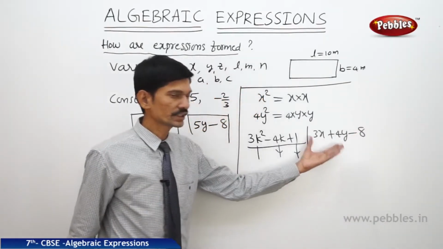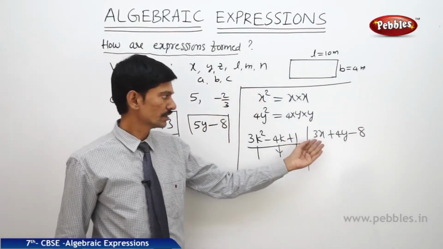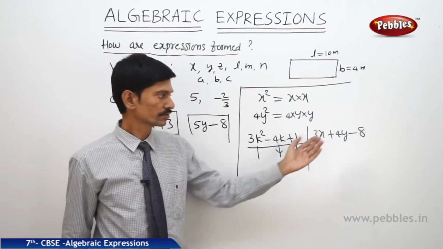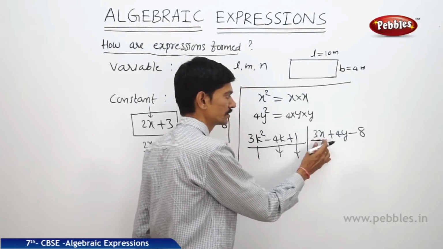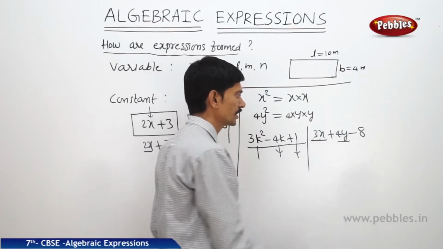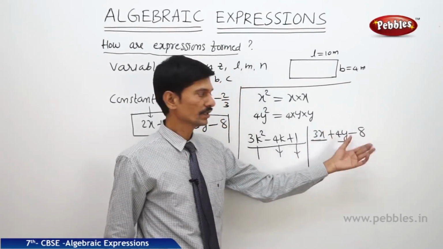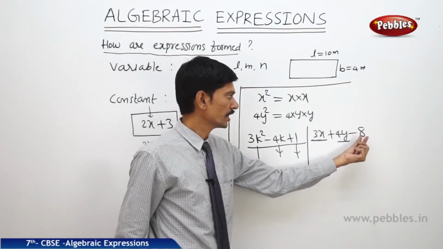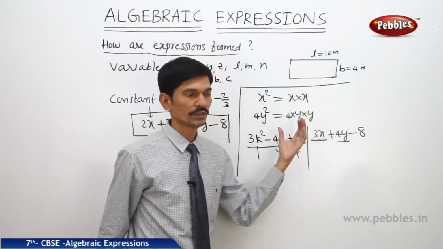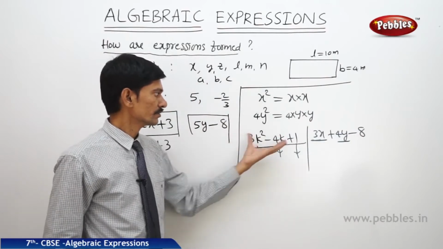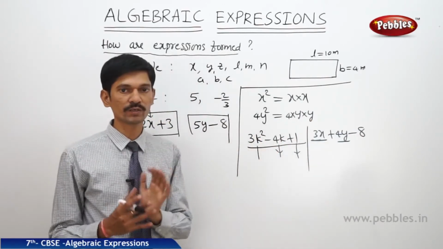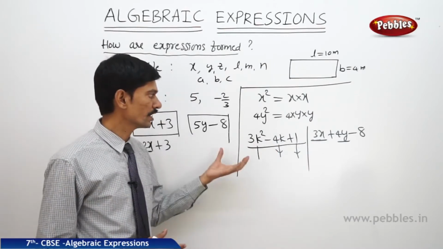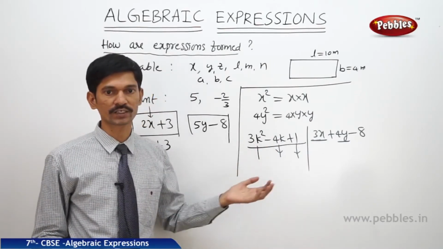In this expression there are two variables, x and y. The first term is obtained by multiplying 3 by x, the second term is obtained by multiplying 4 by y, then the constant term 8 is subtracted from this sum. So here the expressions are obtained by combining the variables and constants by the operations of addition and subtraction.